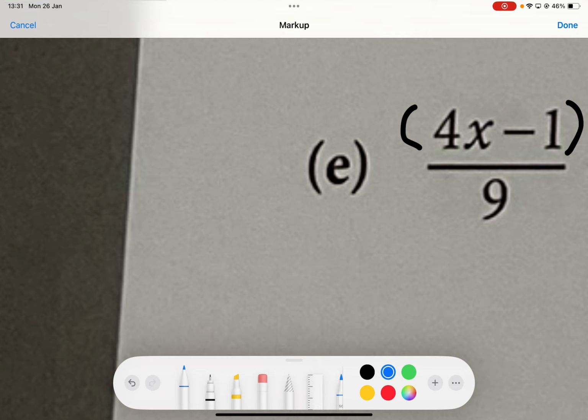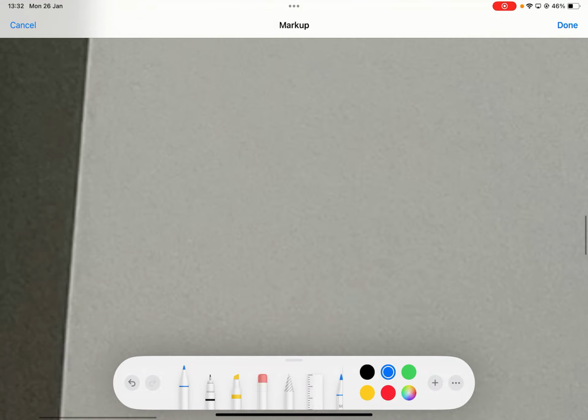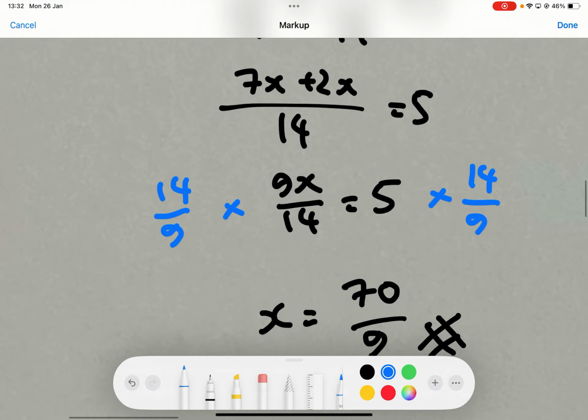I want to multiply something to make the 9 disappear. What can I multiply? 4x is just numerator, so later my 4x needs to multiply the entire bracket. I want 9 to disappear. When I want the 14 to disappear, I multiply 14 so that it can cancel.